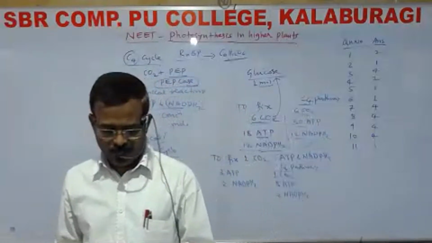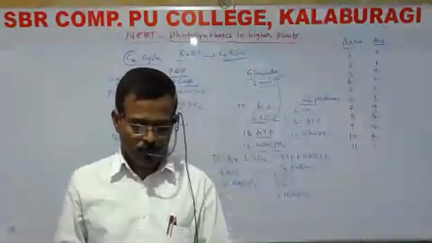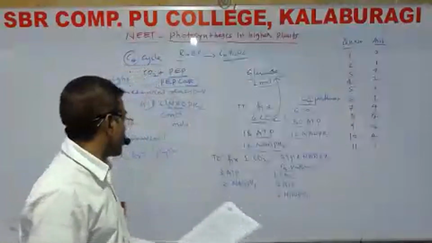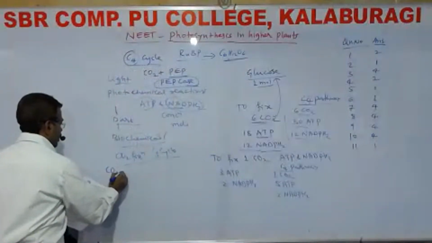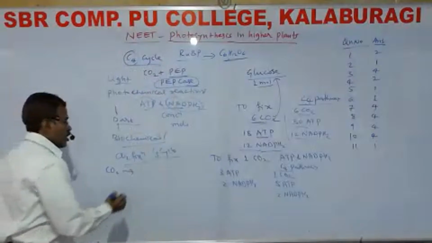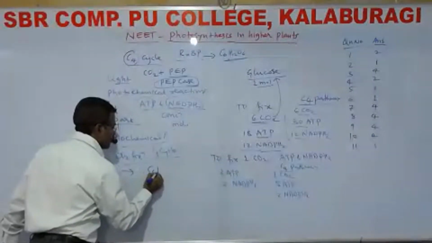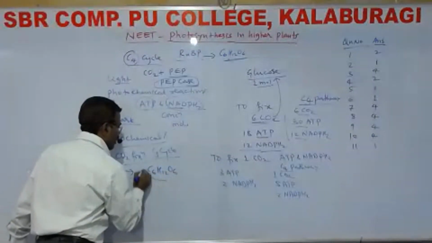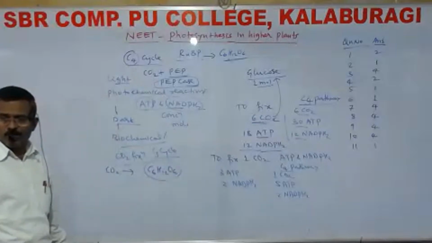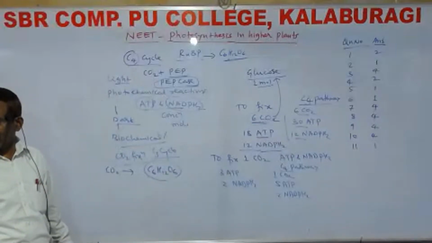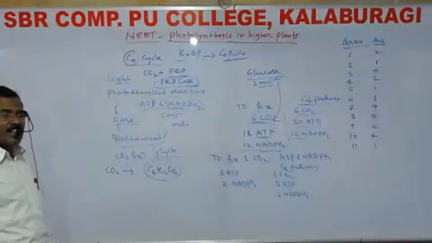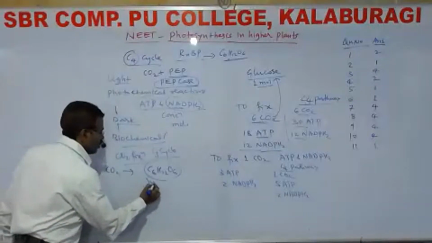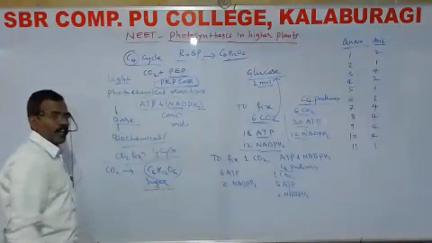Carboxylation is the fixation of carbon dioxide into. So when carboxylation occurs, it can result in the synthesis of carbohydrate. Carbohydrate is an organic compound. A series of steps will be there, not a simple reaction. A series of chemical reactions will occur that finally result in the formation of sugar, that is carbohydrate, an organic compound.